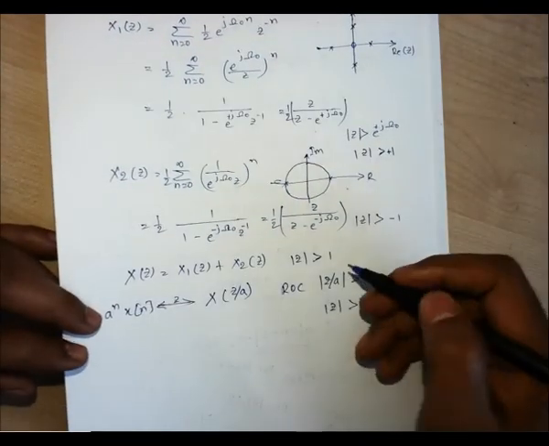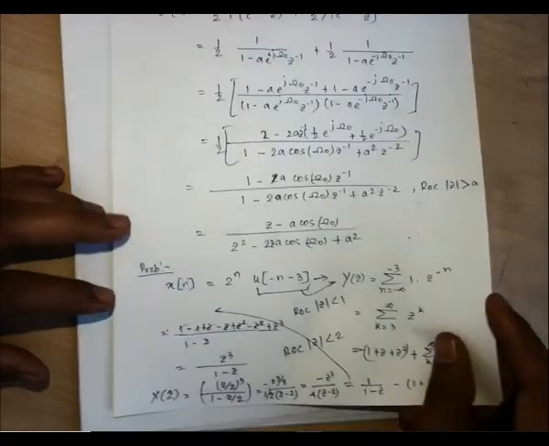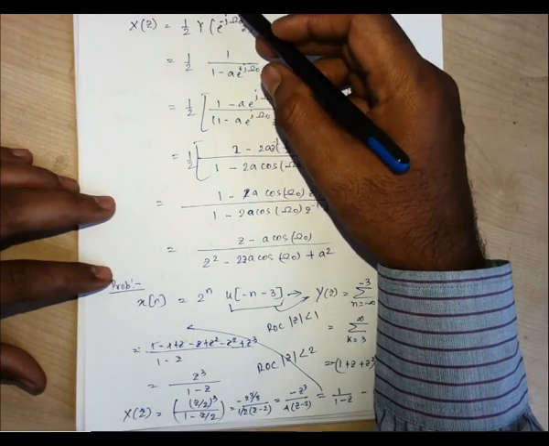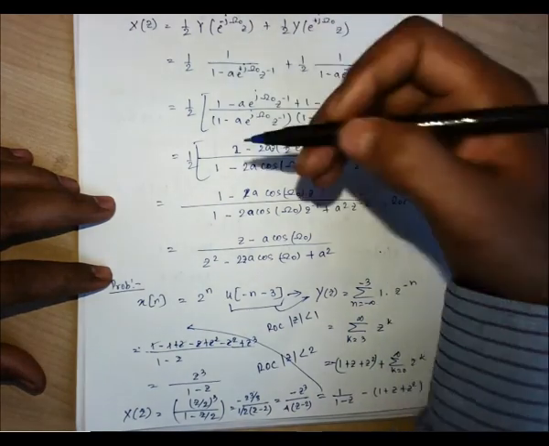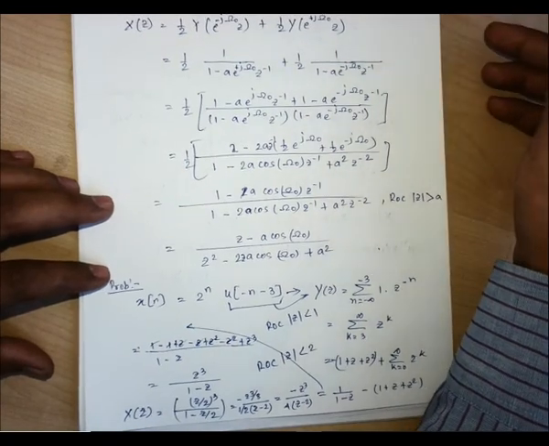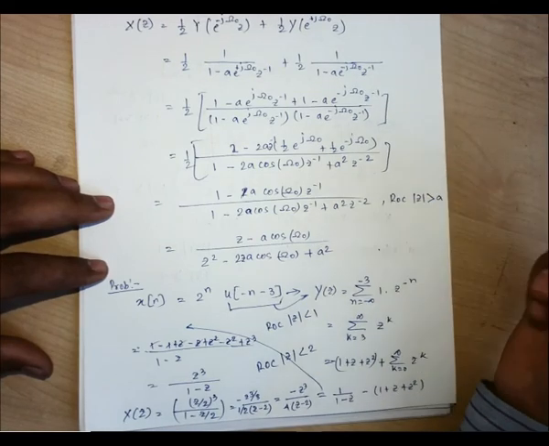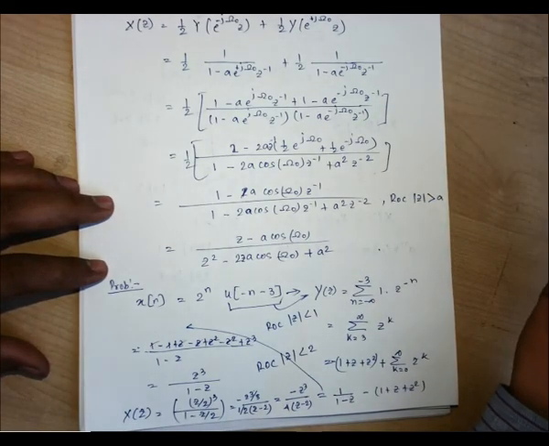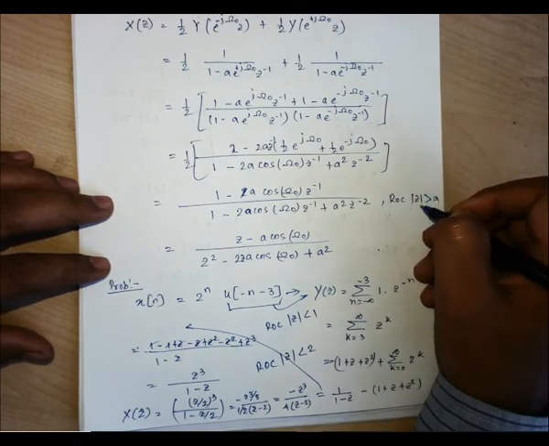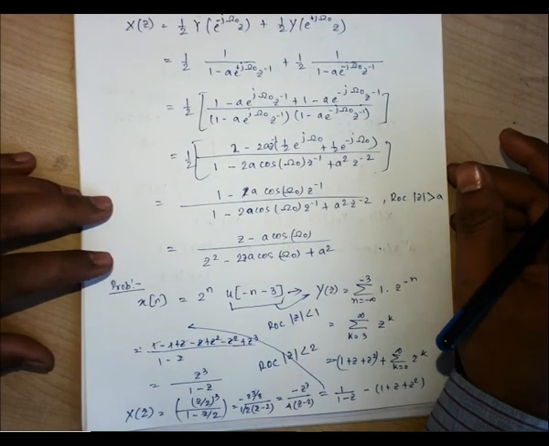So here we need to replace z by z by a, but for this case, as it has been multiplied with an exponential sequence in terms of e, we need not do the multiplication, right? If we multiply with e to the power j omega naught, the ROC will not change, because the maximum value of e to the power j omega naught is 1, as the maximum limit is up to pi only.